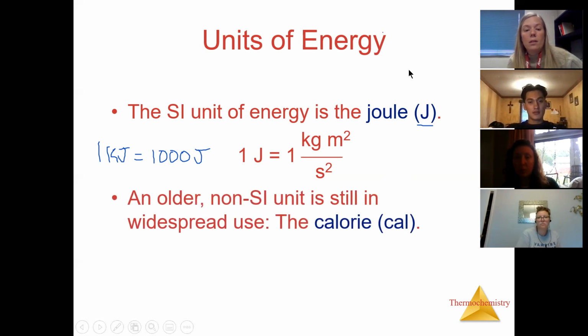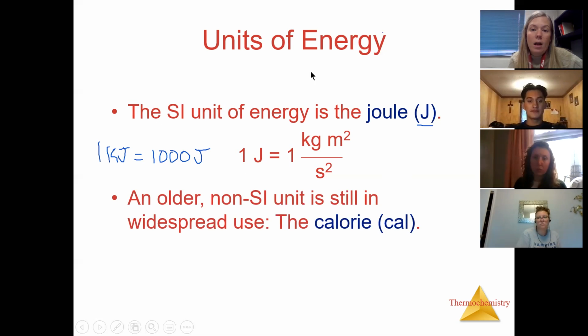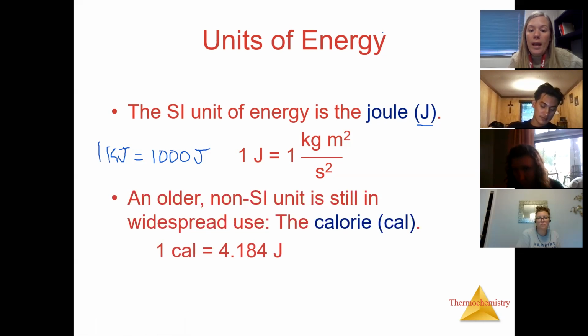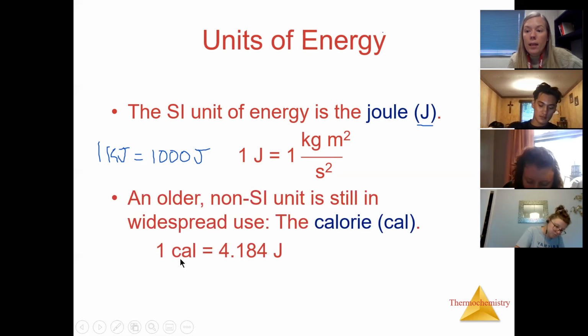An older unit that we still use today quite often is the calorie. And 1 calorie is equal to 4.184 joules. Now, when this is talking about a calorie, this is a little c calorie. That's not a nutritional calorie. When we're talking about food or a nutritional calorie, that's sometimes called the big C calorie or the kilocalorie.